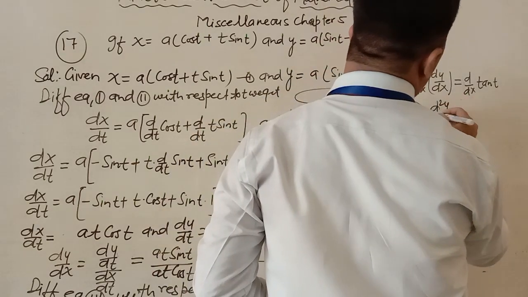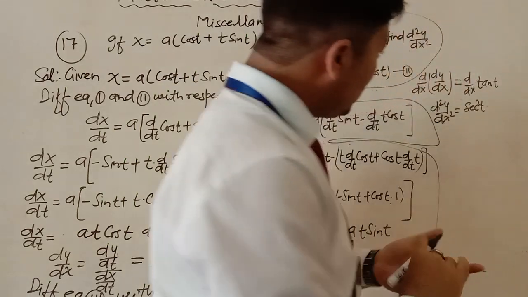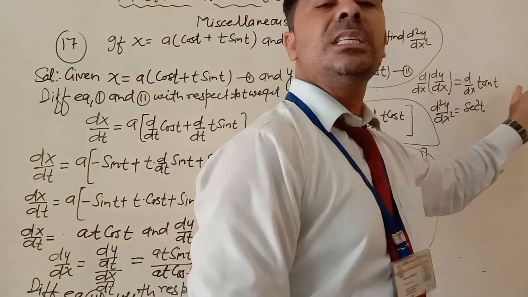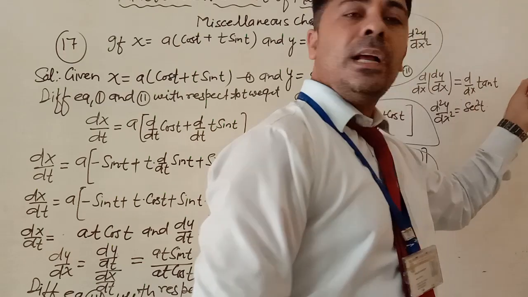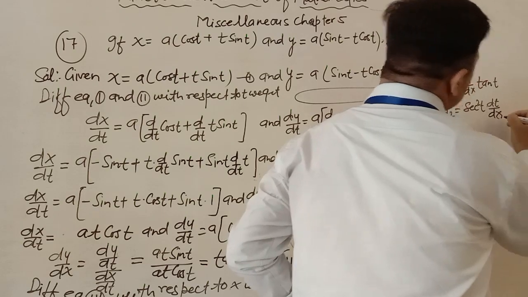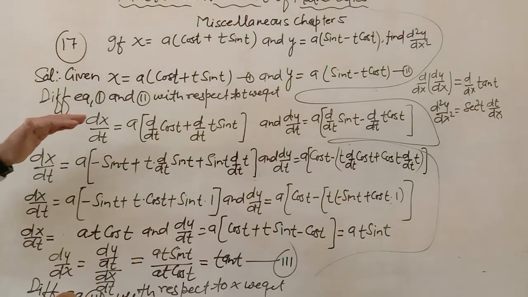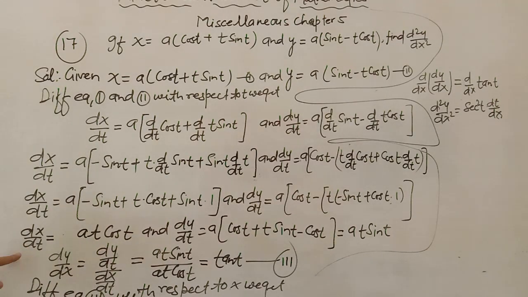This is d2y upon dx2. The derivative of tan t gives you sec square t. But here you see that the variable has changed. You are differentiating with respect to x, but it is in the form of t. Therefore, it is dt upon dx. The value of dt upon dx comes from the value of dx upon dt. So dt upon dx is 1 upon a t cos t.